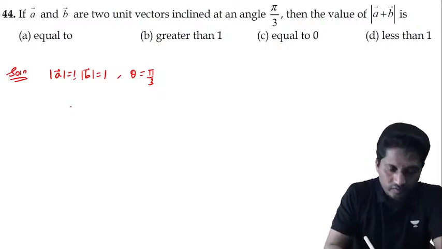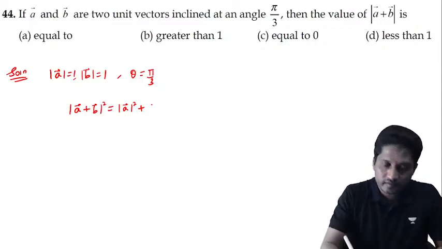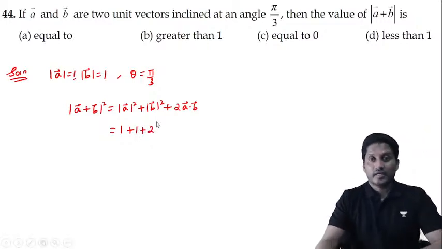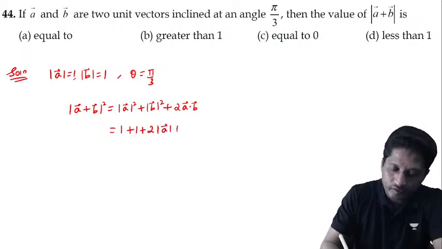Mod of A plus B the whole square is mod A square plus mod B square plus 2 times A dot B. Mod A is 1, mod B is 1 because it is unit vector, and A dot B is equal to mod A into mod B into cos theta.